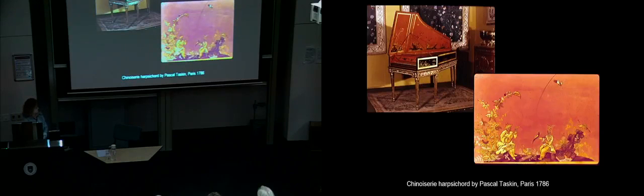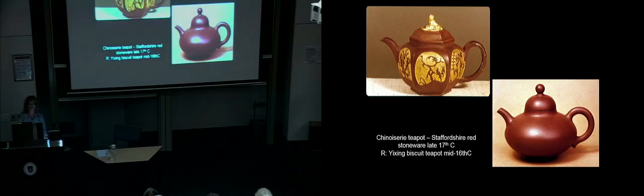However, lots of nice ideas were created with chinoiserie, including a harpsichord by Pascal Taskin, with beautiful lacquer work on the inside of this here, depicting gilded scenes on red lacquer. Again, very pastoral, playing music, flowers, birds, all these kinds of things.